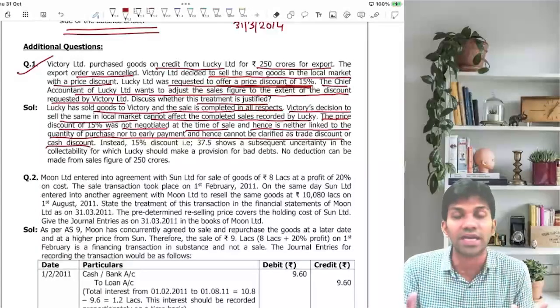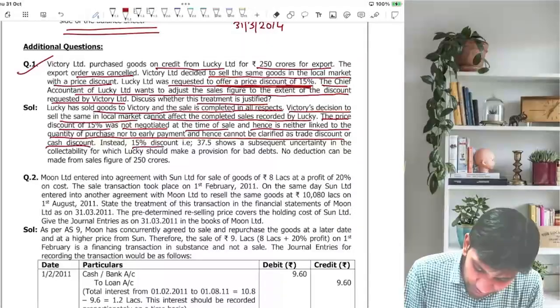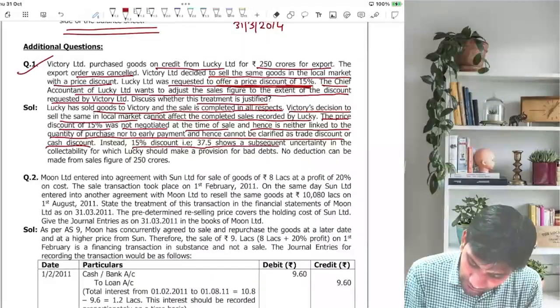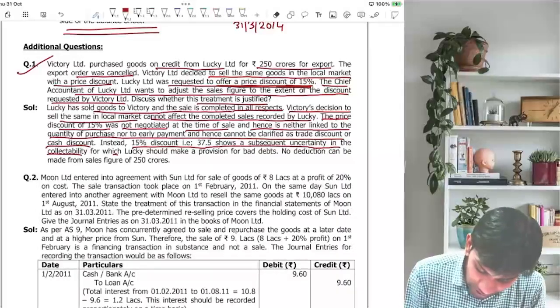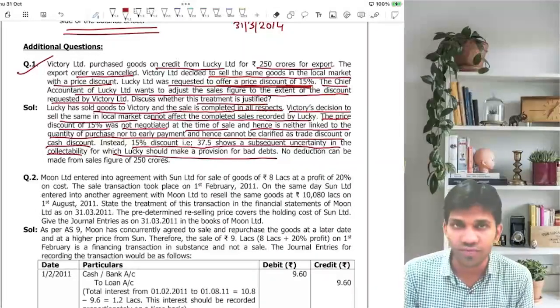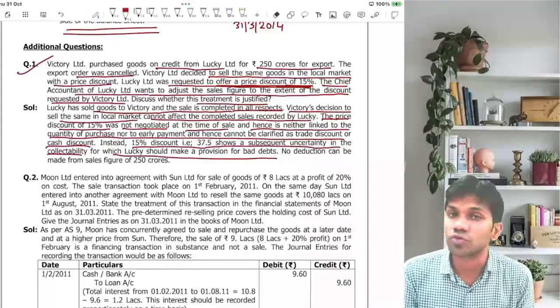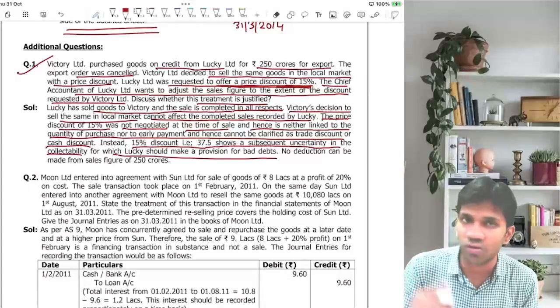So there were no indications when the transaction happened relating to discount. Instead, the 15% discount, that is 37.5, is shown as subsequent uncertainty in the collectability, for which Lucky Limited should make a provision for bad debts. So you sold goods of 250 crores. When you sold goods, there was no condition between both of us that please give me discount, or I will give you early payment and you will give me discount.